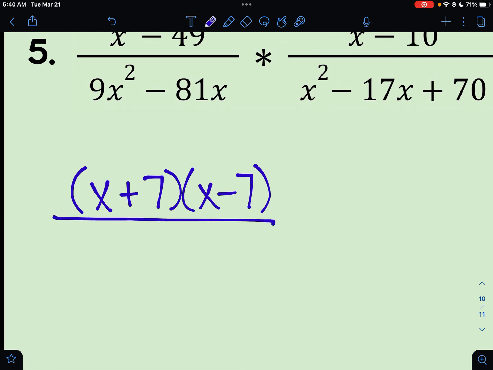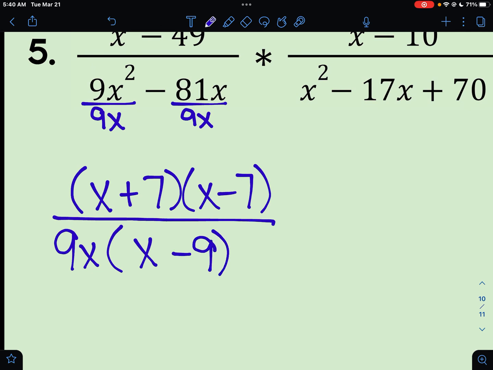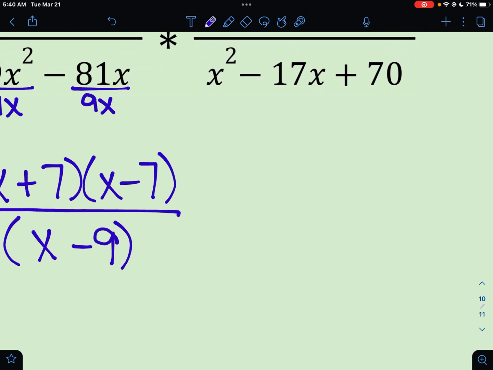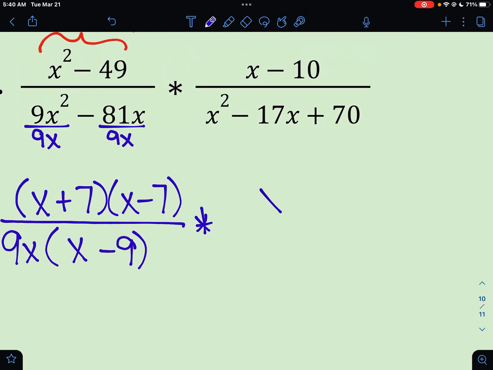So square root of 49 is 7, x plus 7, x minus 7 is how that factors. Down here, it looks like I can take out a 9x from each of these. And then inside I'll be left with x minus 9. 81 divided by 9, yeah. And then here we're going to multiply.